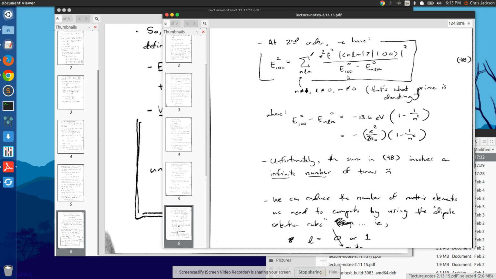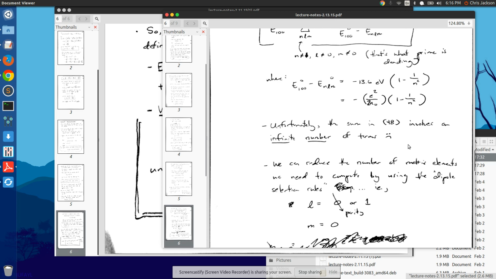And we know that we're dealing with a hydrogen atom, so we can write down what this actually is: E11 minus E NLM. This is the minus 13.6, and it scales like 1 over n squared. So what you see is that as n gets bigger, this thing's going to go to 0, and this thing's going to become more negative.